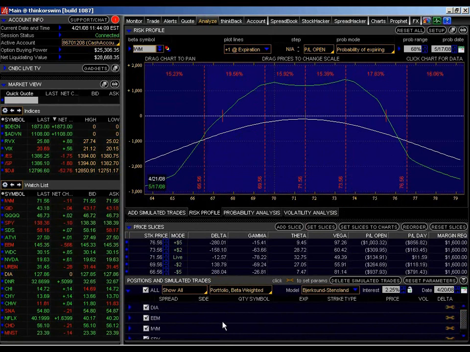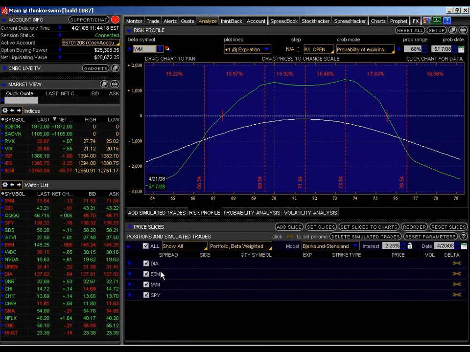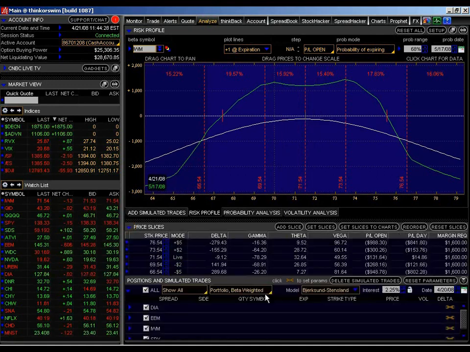Those are the positions I like to take on a monthly basis. The ones you take really depend on your situation. A couple iron condors, a couple double calendars, and our margin requirement right now is around $1,600 for our portfolio. We have a maximum profit potential right here of about $1,400.